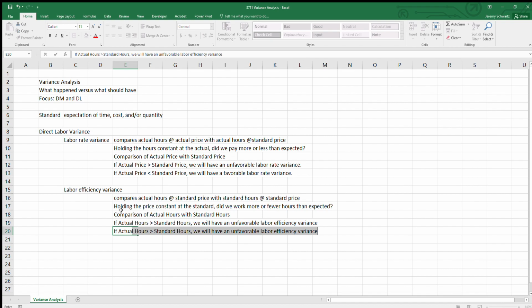And if actual hours are less than standard, we will have a favorable labor efficiency variance.